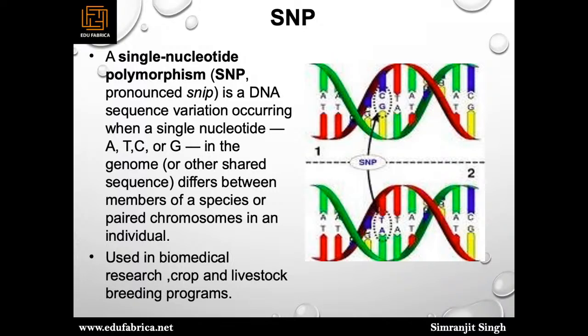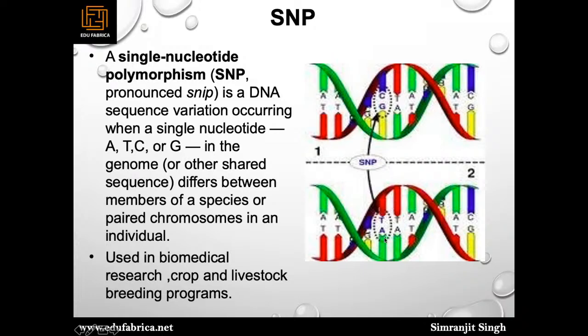Then single nucleotide polymorphism, SNP, is a DNA sequence variation occurring when a single nucleotide, your A, T, C, G, in the genome differs between members of a species or paired chromosomes in an individual. They are used in biomedical research, crops, and livestock breeding programs. Here we can see the single nucleotide polymorphism, that is a CG and AT.